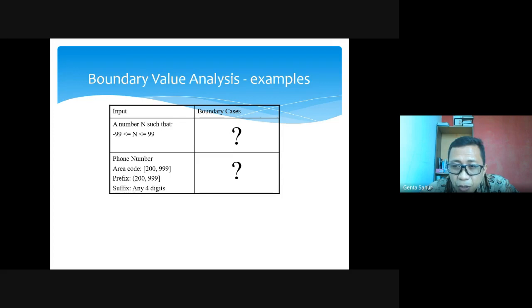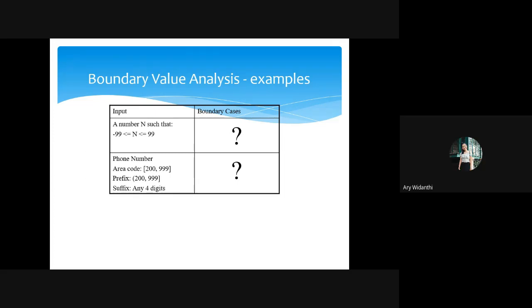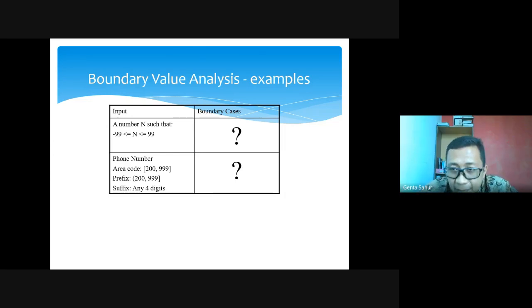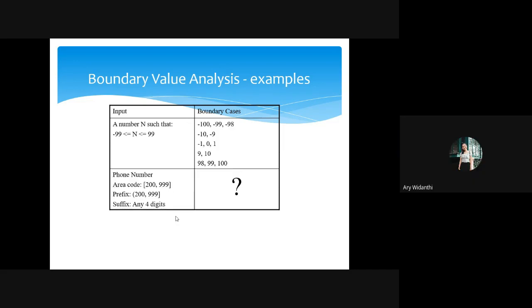Again, when we talk about boundary values, it's not only that value but the values around it: minus 98, minus 99, and minus 100. That is the low boundary. And the upper boundary can be 98, 99, and 100.